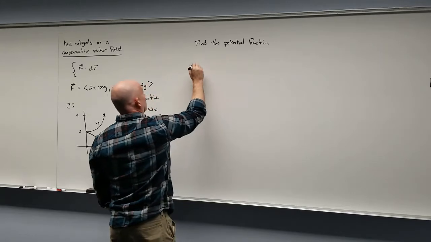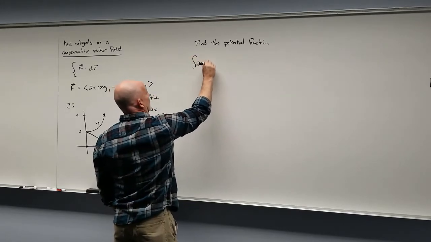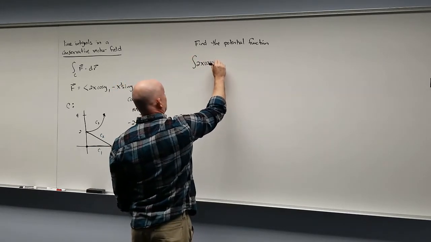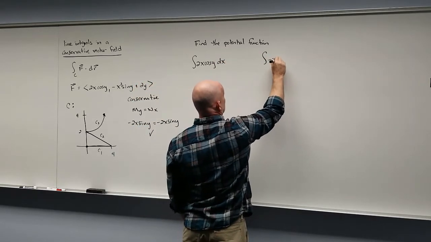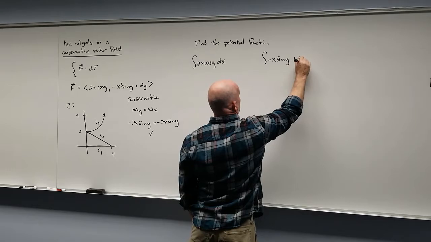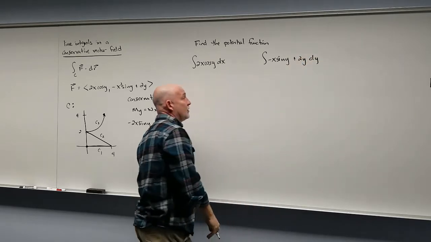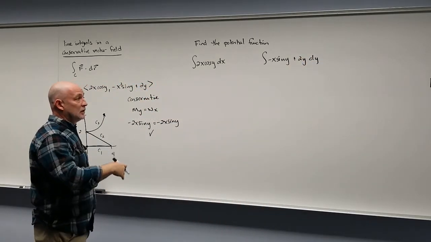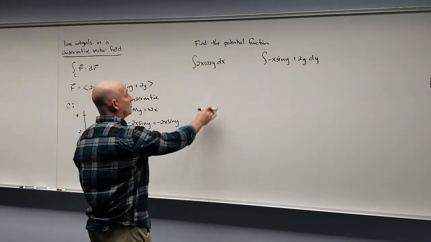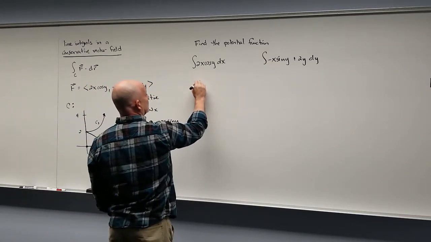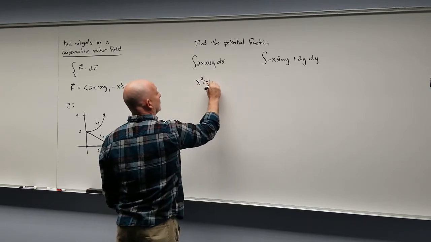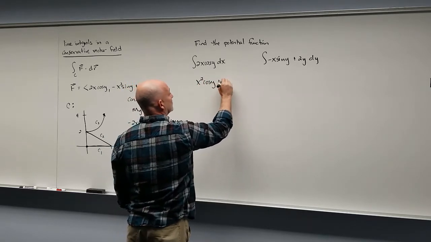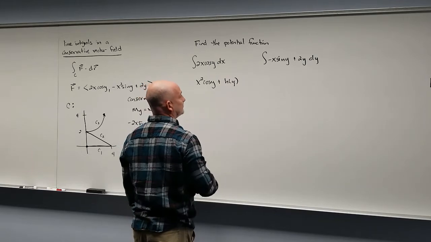So to find the potential function, remember what we're going to do. We're going to integrate the x component, 2x cosine y, with respect to x, and we're going to integrate the y component with respect to y. Now both of those should give us our answer within an integration constant. So if I integrate this with respect to x, I'm going to get x squared cosine y plus any function of y.